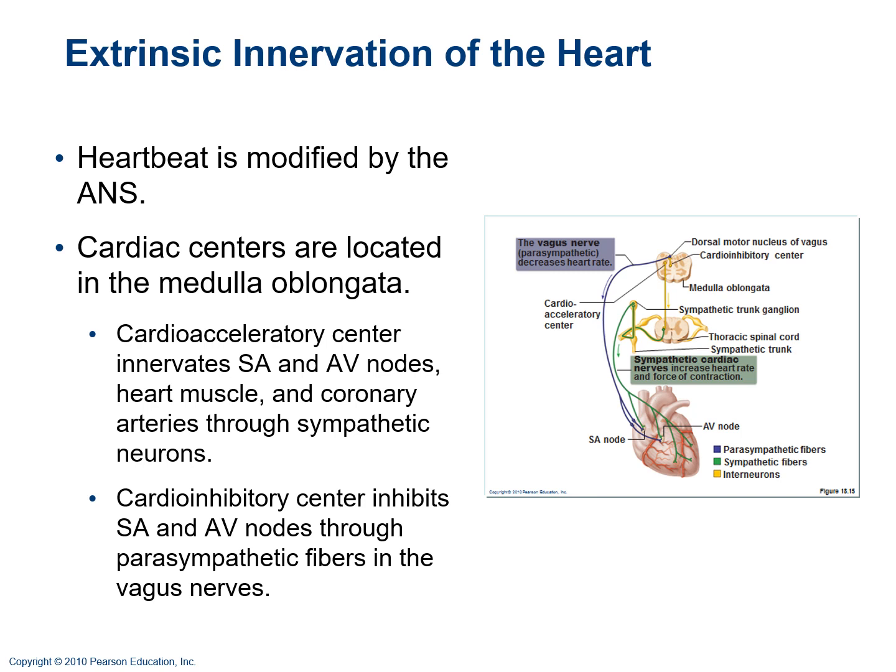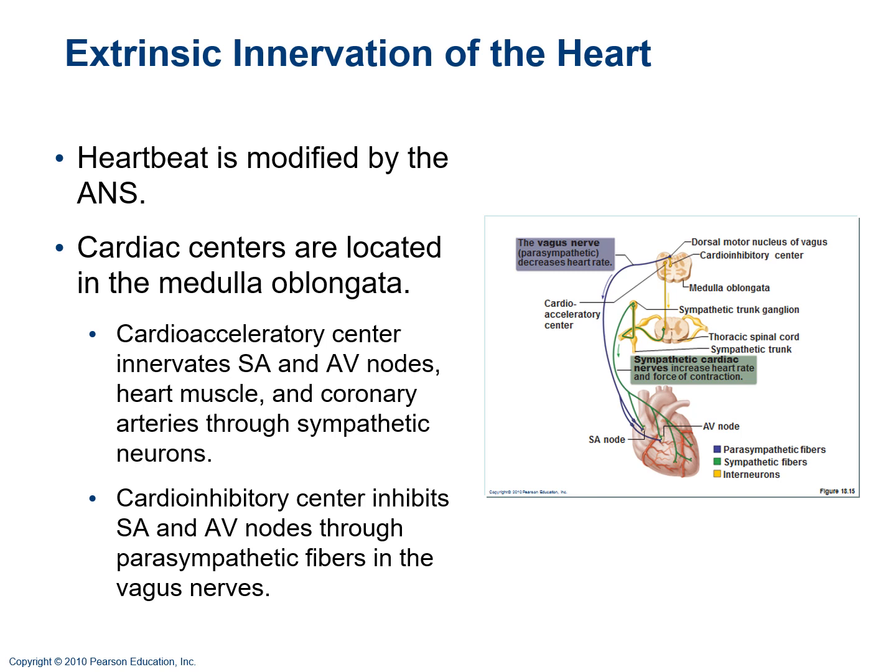There are cardiac control centers located in the medulla oblongata of the brainstem. There's the cardioacceleratory center that innervates the SA node and the AV nodes. It also innervates the heart muscle itself and the coronary arteries, all through sympathetic neurons, right? The ones that kick in through the fight or flight response.